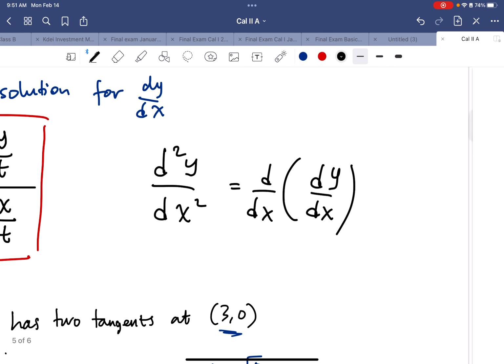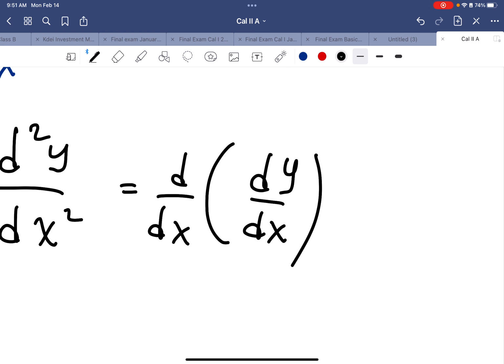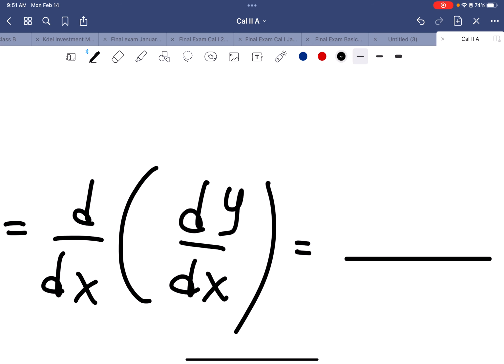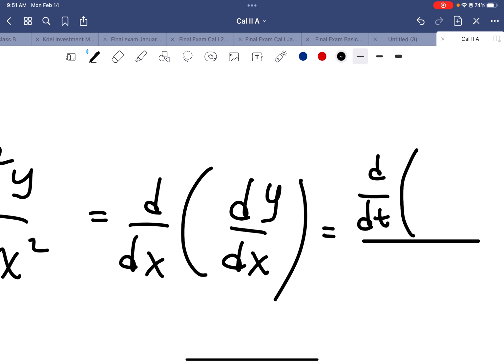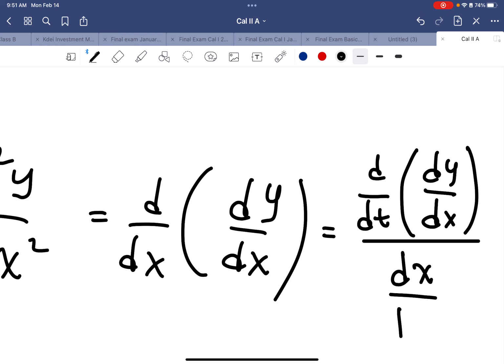Okay, so what will happen here is this will take on the subject here. This will take on the subject here.